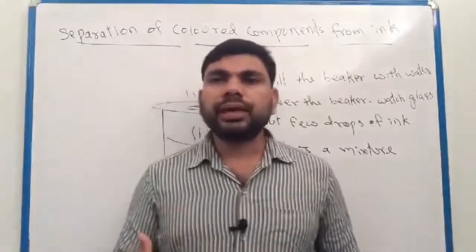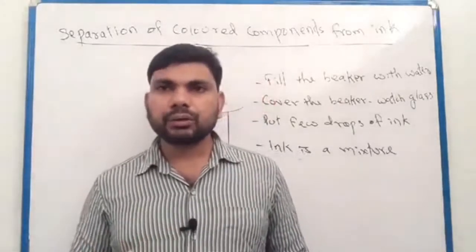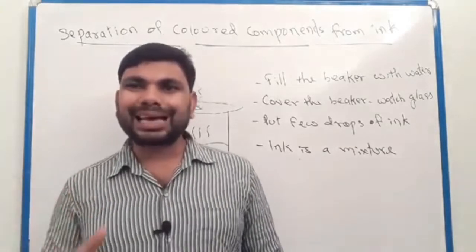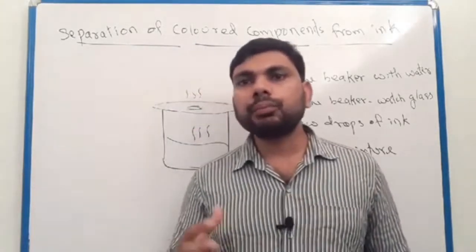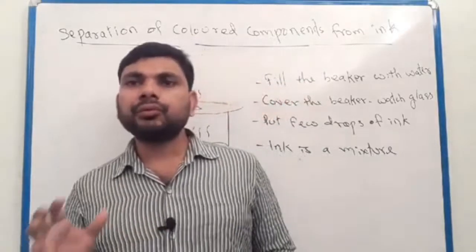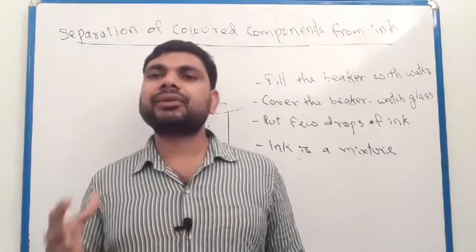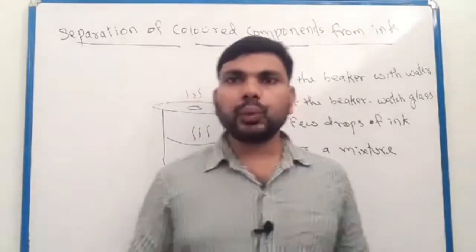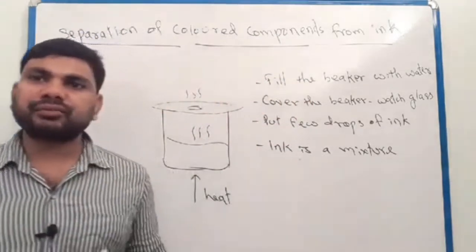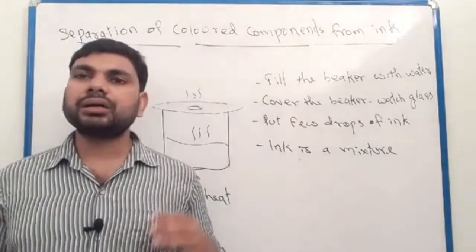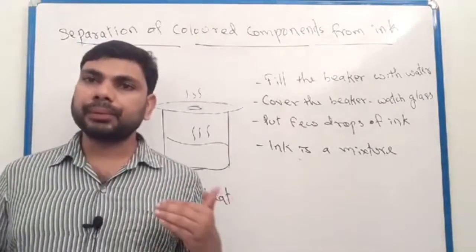Okay, next one we have to discuss here: separation of colored components from blue or black ink. We have blue or black ink. From this ink we have to separate different components of the mixture. So here we have to discuss the procedure to separate different colored components from ink.